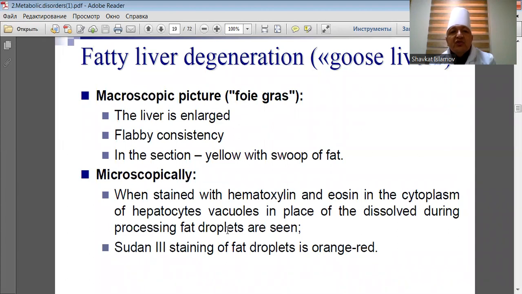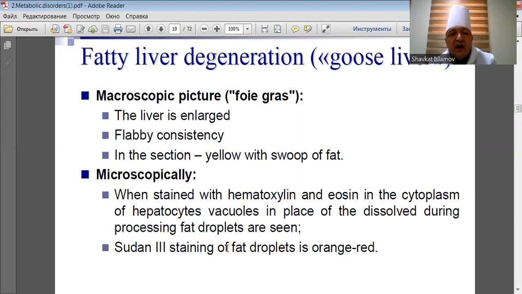Fatty liver degeneration, goose liver. Macroscopic picture: the liver is enlarged, of flabby consistency, and on section yellow with a greasy shine. Microscopically, when stained with hematoxylin and eosin, vacuoles are seen in the cytoplasm of hepatocytes in place of fat droplets dissolved during processing.